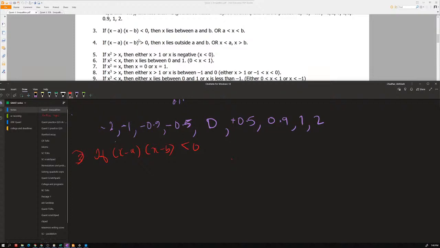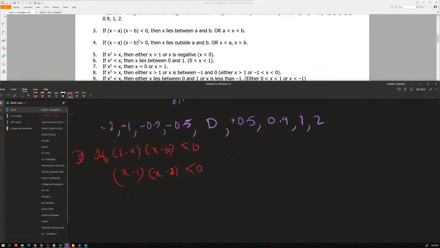So what happens is, if we take a as 1 and b as 2, x minus 1 and x minus 2, right? If this is less than 0, how can it be less than 0? It has to be negative. How can it be negative? Suppose if x is 1, then it will become 0. So let's take x as 2, then also it will become 0.